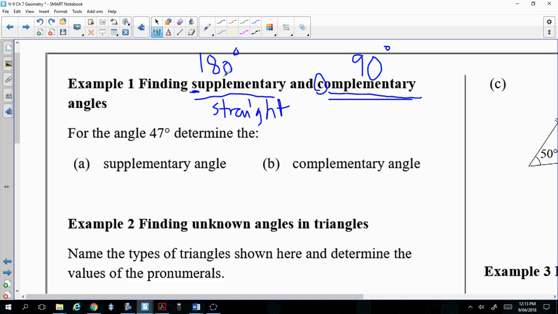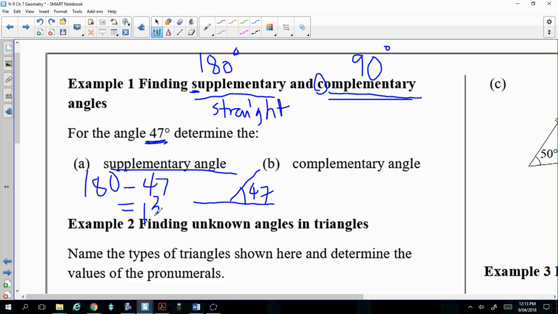So if the angle is 47, to find the supplementary angle, we do 180 minus 47. Okay, then we just go like this. 47, and to get the other angle we do 180 minus 47, which is 133. Get it? So this angle I just calculated is the supplementary angle.